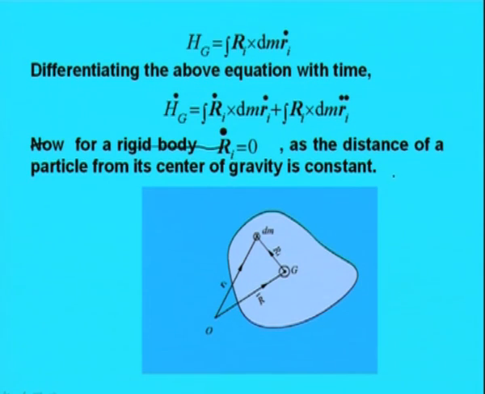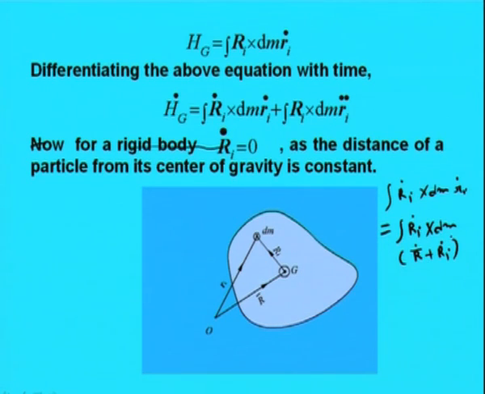Now this can be shown like this. The term Ri dot cross dm ri dot is the integral of Ri dot cross dm, and ri dot we decompose as r bar dot plus Ri dot.